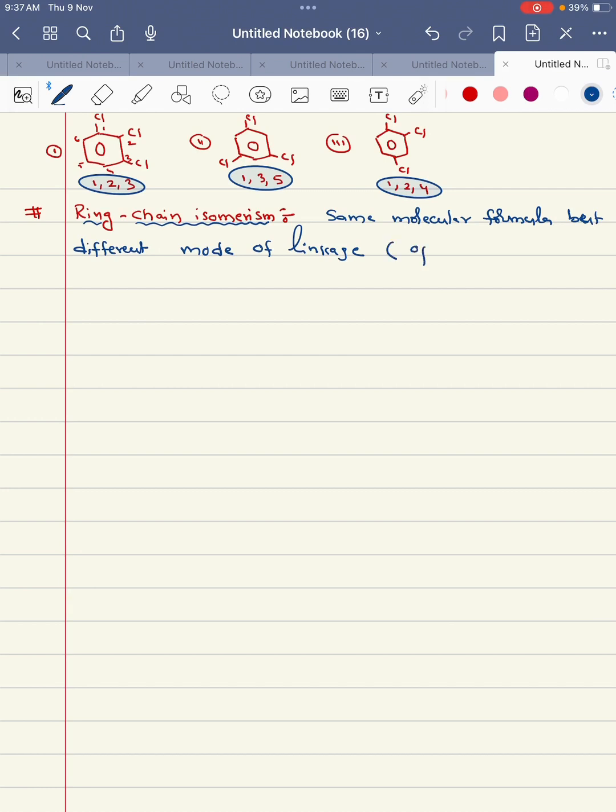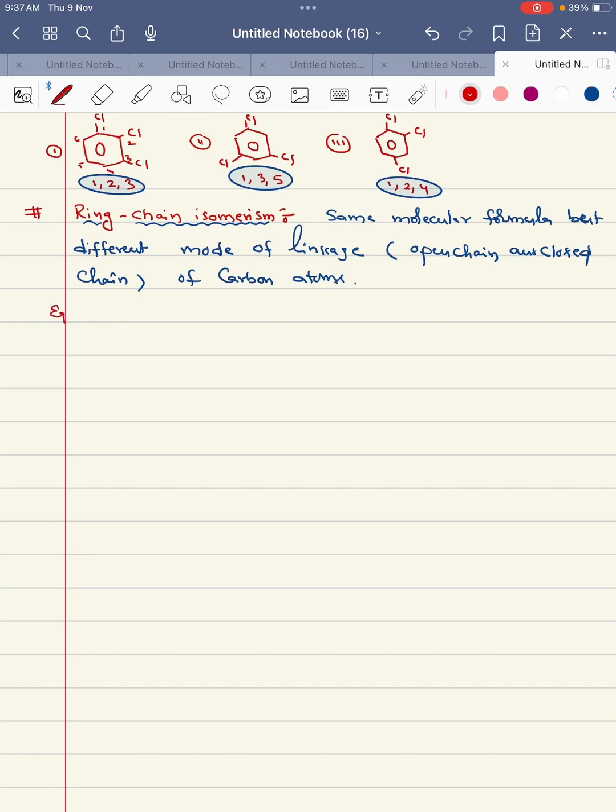It means an open chain and a closed chain of carbon atoms. See, in a simple way, we are going to define it like this.